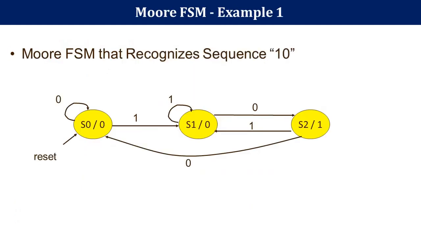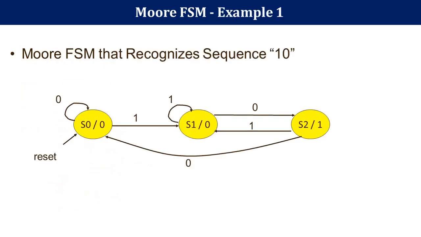Let's take the same example, a Moore FSM that recognizes the sequence 10. We have already discussed this example. Now our aim is to represent this Moore FSM in the VHDL language.